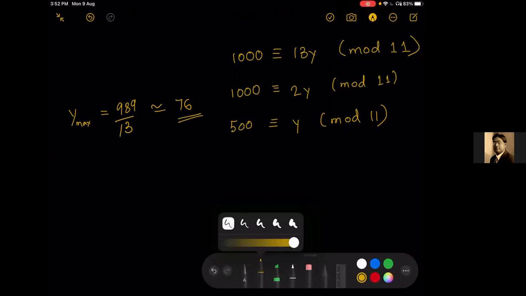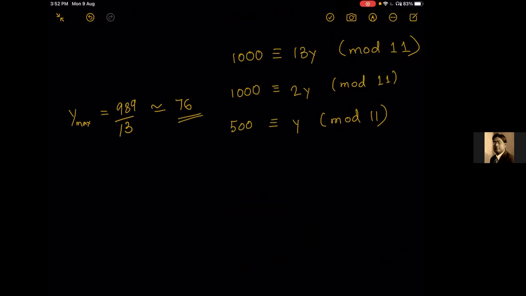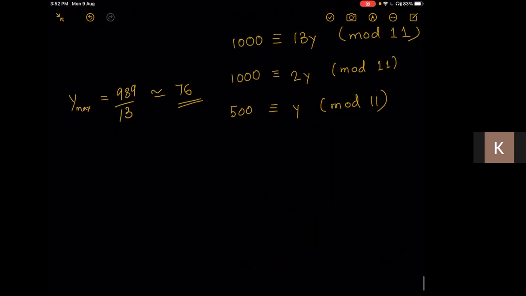Sir, y's minimum value can be 5. So you have to basically check from 5 to 76. You have to check all values of y by hand.